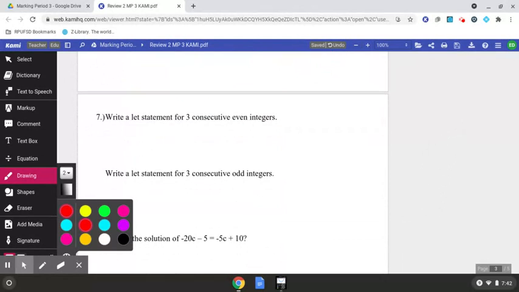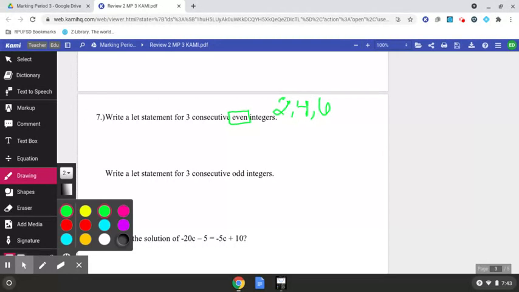Okay, number 7 we did last Friday. It says to write a let statement for 3 consecutive even integers, and then it also says to write it for 3 consecutive odd. So for even numbers, we have numbers like 2, 4, 6, right? Those are even.